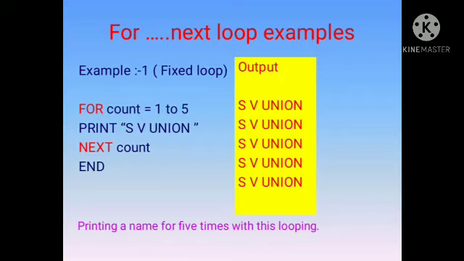Then in front of Next, count is given, so it will increase the count value by 1 at each loop when it gets executed. So like this 5 times the computer will display. When the count becomes 6, then the loop gets terminated. You can see the output on the right hand side, that SVU gets printed 5 times. For that we have to write the condition and the loop body like on the left side.